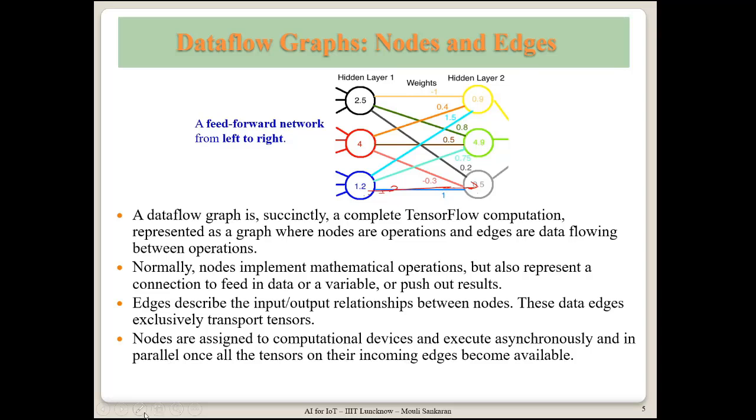Now another enhancement they have made is that each node can be assigned to particular hardware. Suppose you have a GPU or a TPU or CPU, doesn't matter. I can make the computations that are done by a node be executed on a particular GPU.